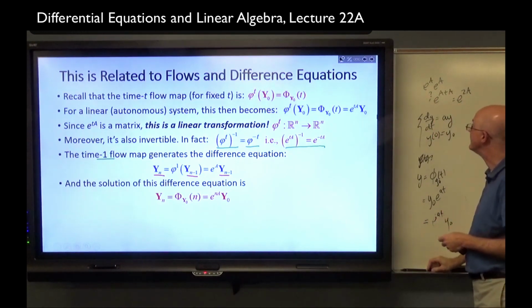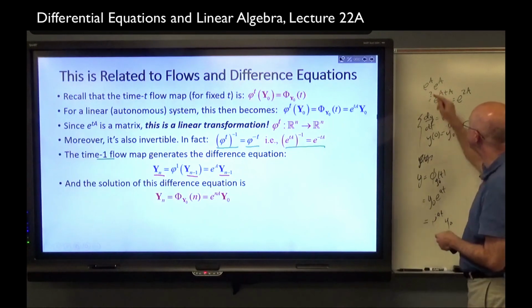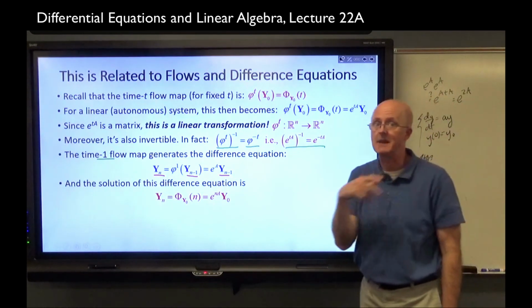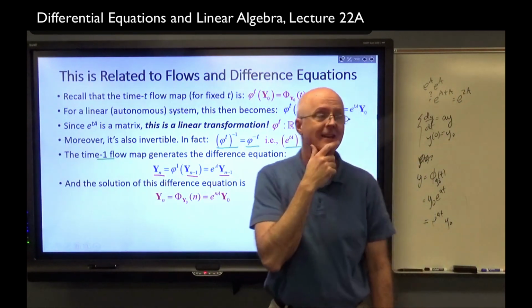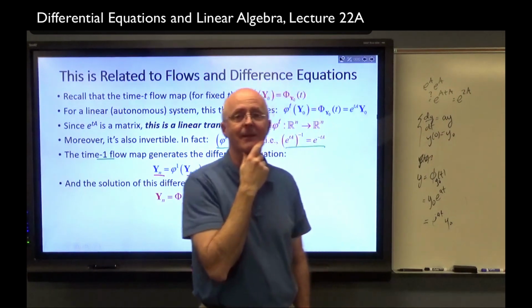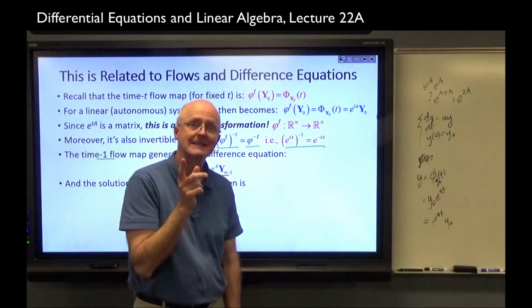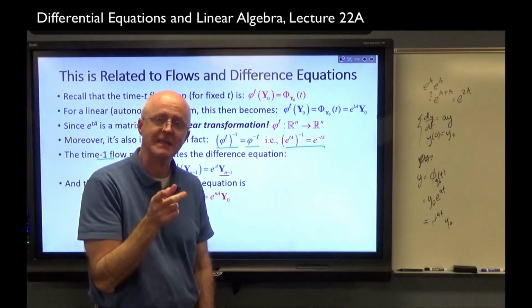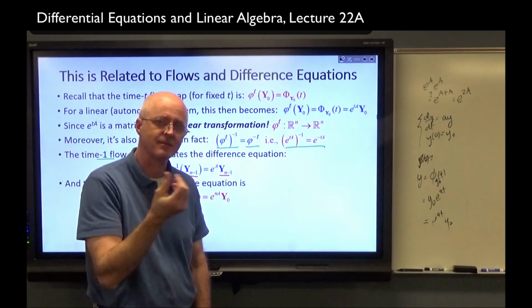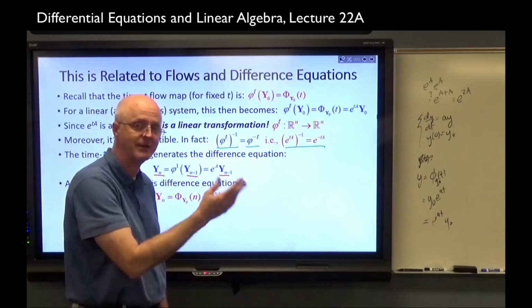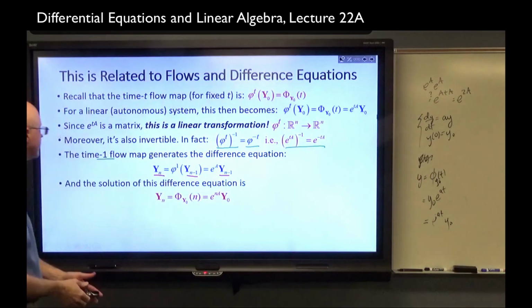Though in general, if I have e to the A times e to the B, where B is some other matrix, I can't necessarily add the exponents, the exponent matrices, unless it turns out A times B equals B times A as a product of 2 matrices. Then you can add the exponent. I'm not going to get into that.